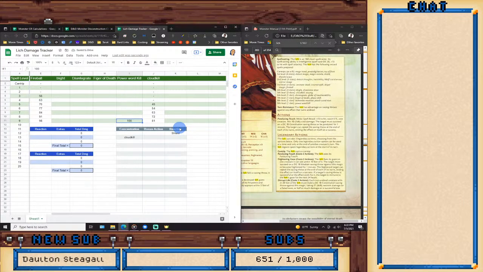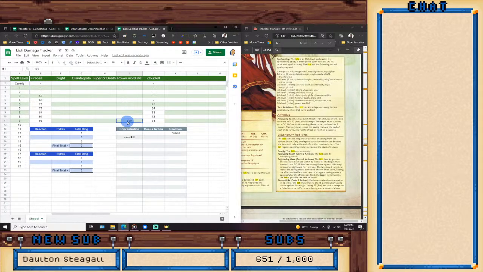The problem is that we can't use it on the first round of combat, unless some players are rolling really low. Well, I shouldn't say it's not possible. A player coming in could have less than 100 hit points, and as the DM, we shouldn't metagame that, unless the Lich has been spying and scrying on the players to figure out who's going to be the weakest.